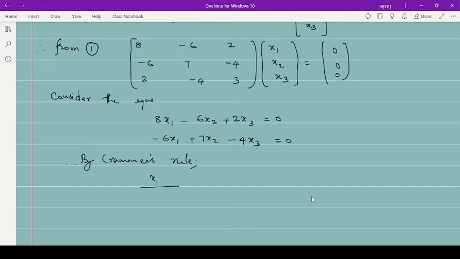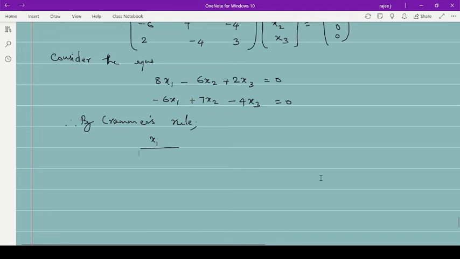x1 upon, leave that, take the other two: minus 6, 2, 7, minus 4; minus x2 upon 8, 2, minus 6, minus 4; and x3 upon 8 minus 6, minus 6, 7.